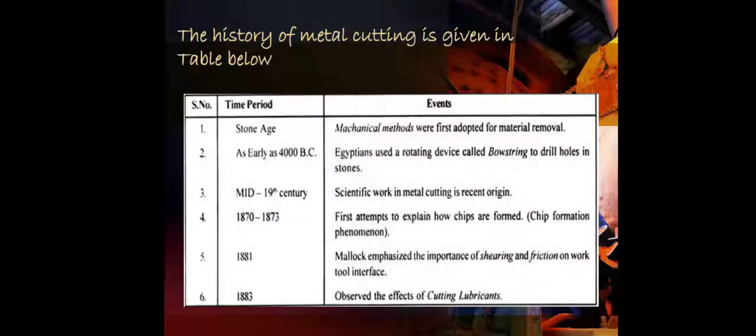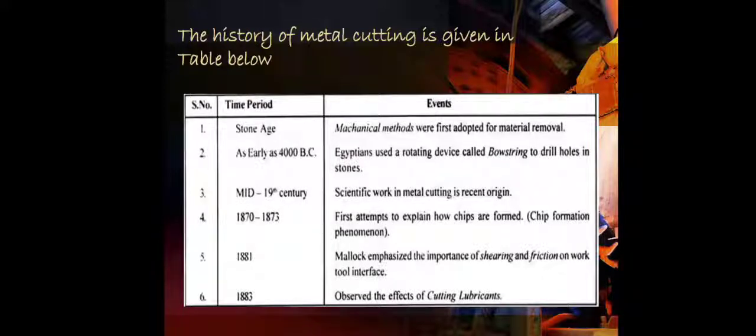So we have here the table which shows the history of metal cutting. During the Stone Age, where there were no metals discovered yet, mechanical methods were first adapted for material removal. So they used mechanical methods which they adapted to remove materials.